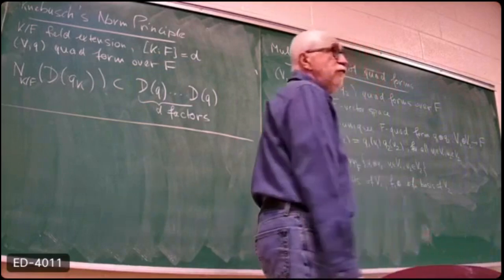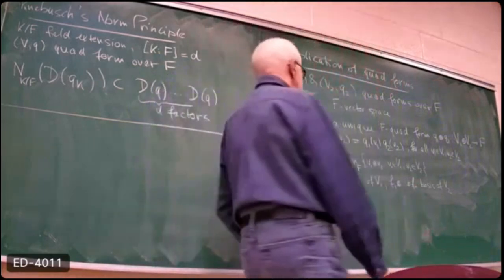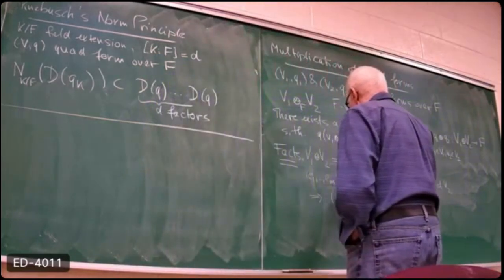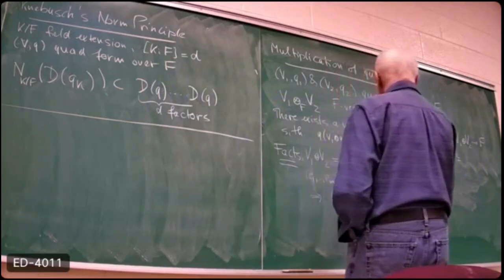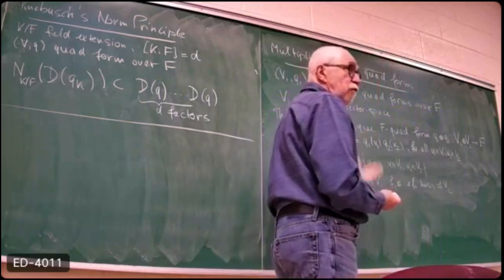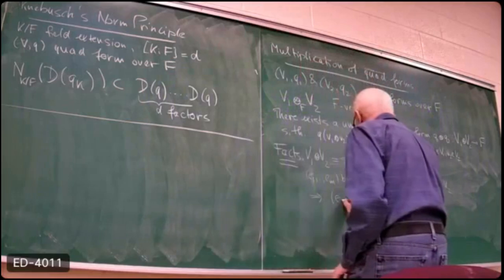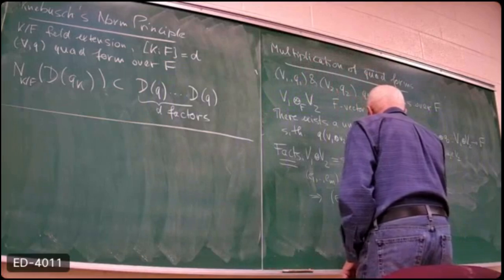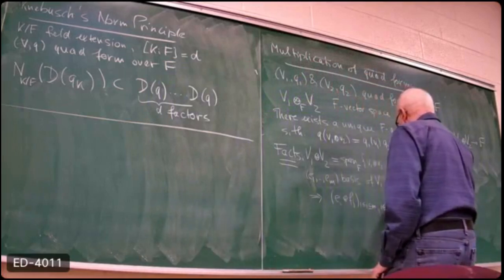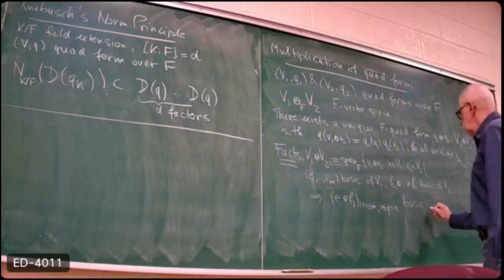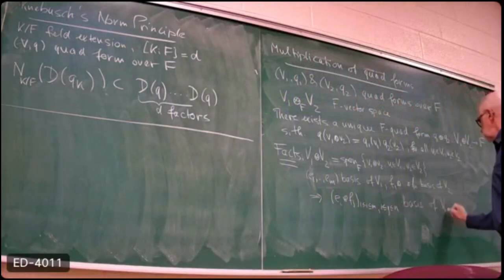But what comes out of the theory of tensor products is that if you look at all possible combinations of simple tensors from your basis elements, this is e_i tensor f_j, where i runs from 1 to m and j from 1 to n, this is the basis of the F vector space V1 tensor V2.